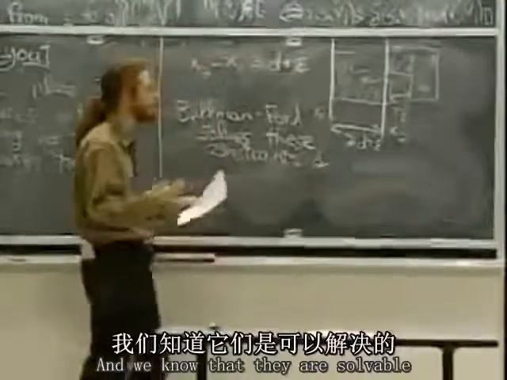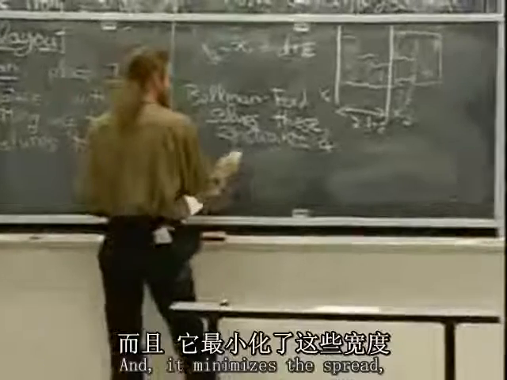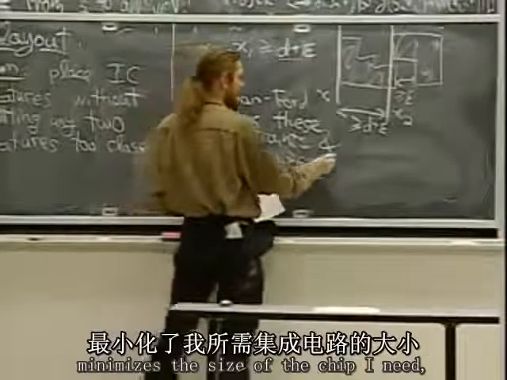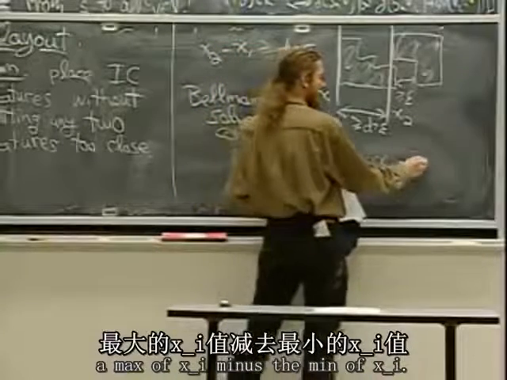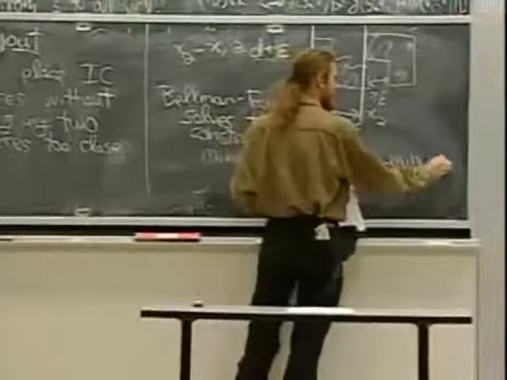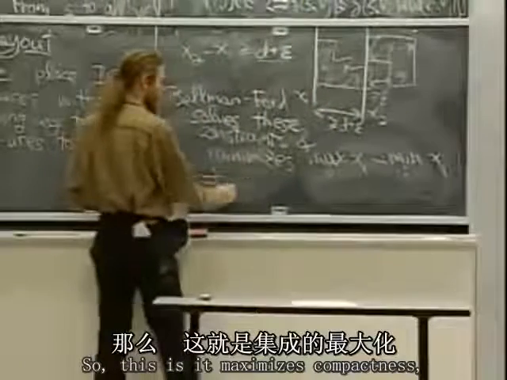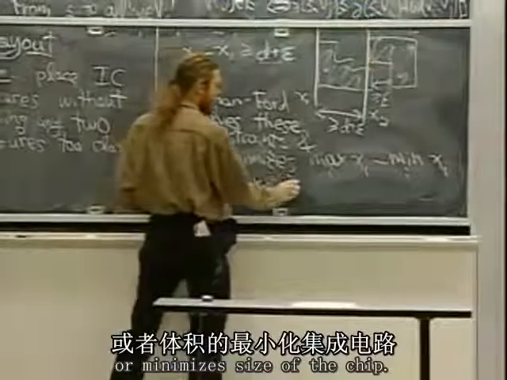And we know that they're solvable because you could spread all the pieces out arbitrarily far. And it minimizes the spread. It minimizes the size of the chip I need, the max of xi minus the min of xi. So it maximizes compactness, or minimizes size of the chip.